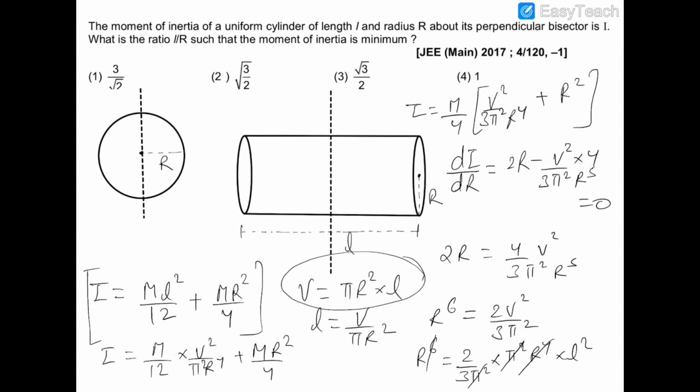So we have to find out L upon R. So L upon R is equal to root of 3 by 2. So for this value of L upon R, which is option number B, the moment of inertia of this cylinder about this axis would be minimum.